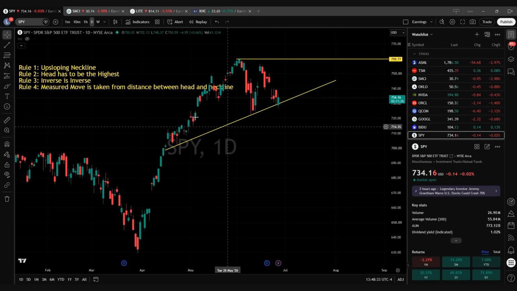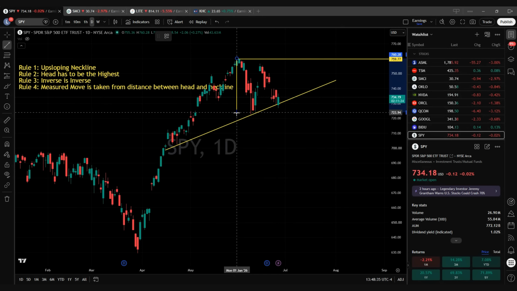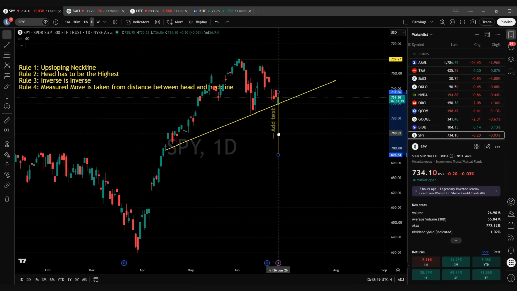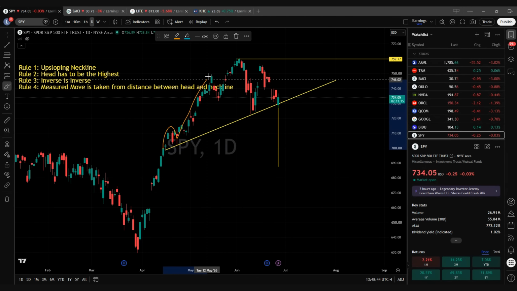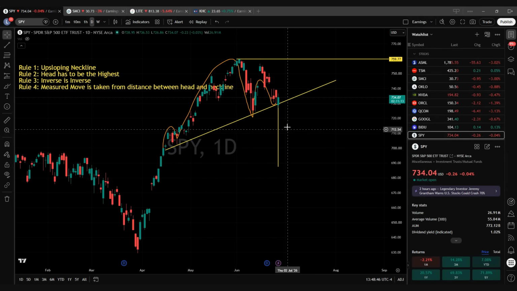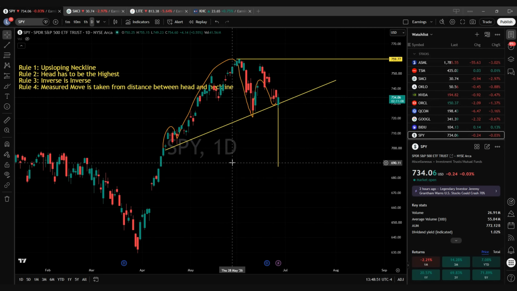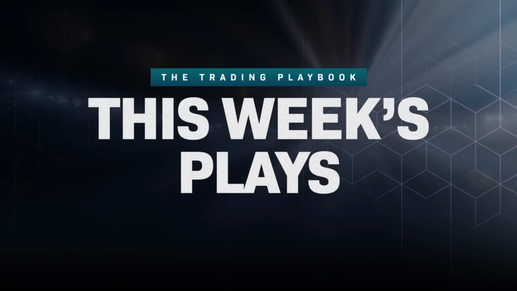And then finally, the measured move. The inverse is the inverse, but the measured move is the distance between the head and the neckline. In this head and shoulders pattern, we're talking about boom, boom, boom, right? The measured move we find right there about 6% lower on the S&P. So that was a quick rundown on the basics and the things we need to remember about head and shoulders pattern. But now let's get into this week's plays.